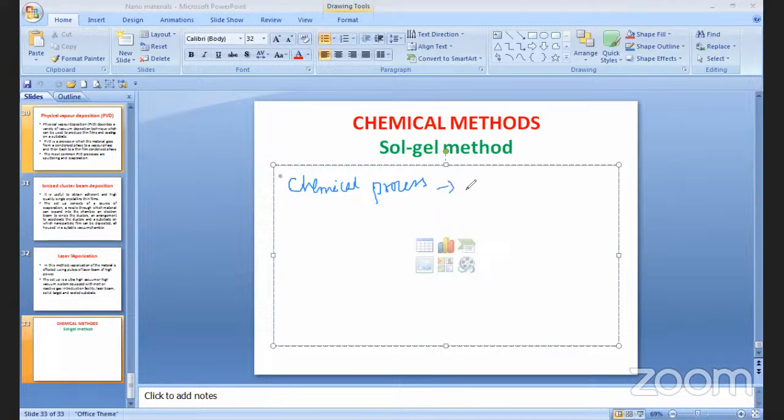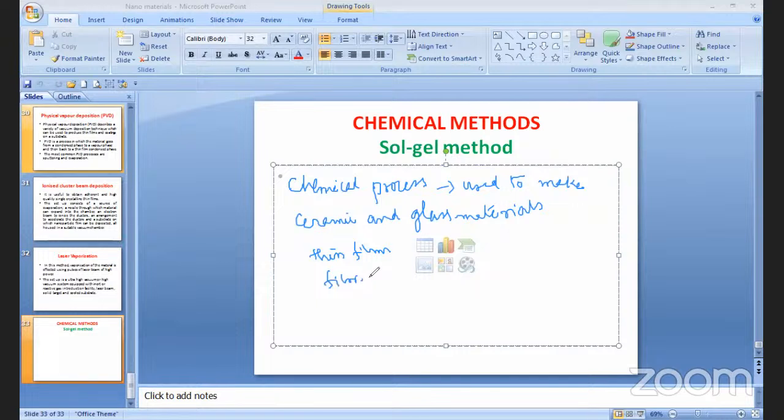It is used to make these ceramic and glass materials in the form of thin films, as well as in the form of fibers, or in the form of powders.